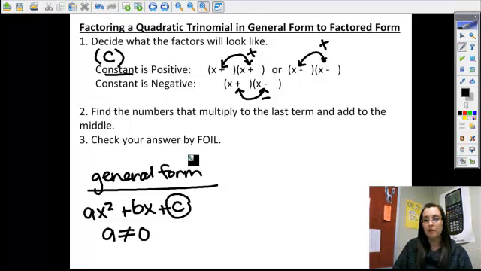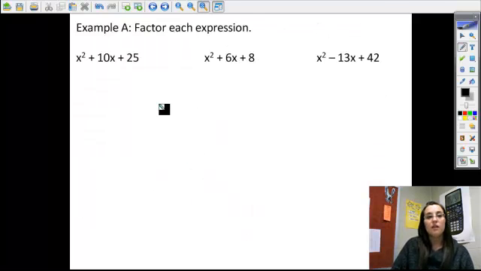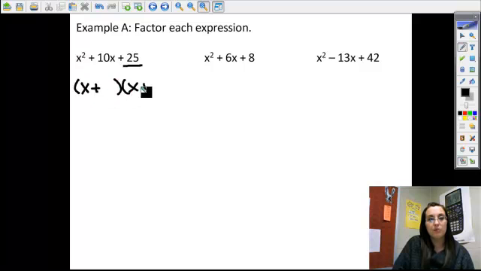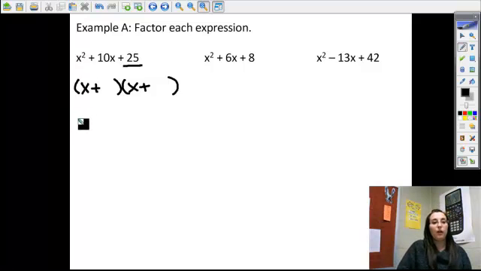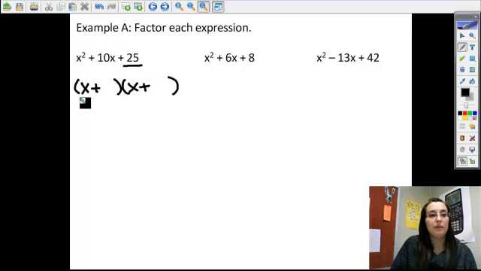So let's look at some examples of this. First thing I'm going to do is decide on what my terms are going to look like. The last term, the constant here, is positive, so I know it's going to be either (x plus) and (x plus), or (x minus) and (x minus). When we think about FOIL, I'm trying to get something that, once I FOIL these two binomials, I will get this trinomial, x squared plus 10x plus 25.